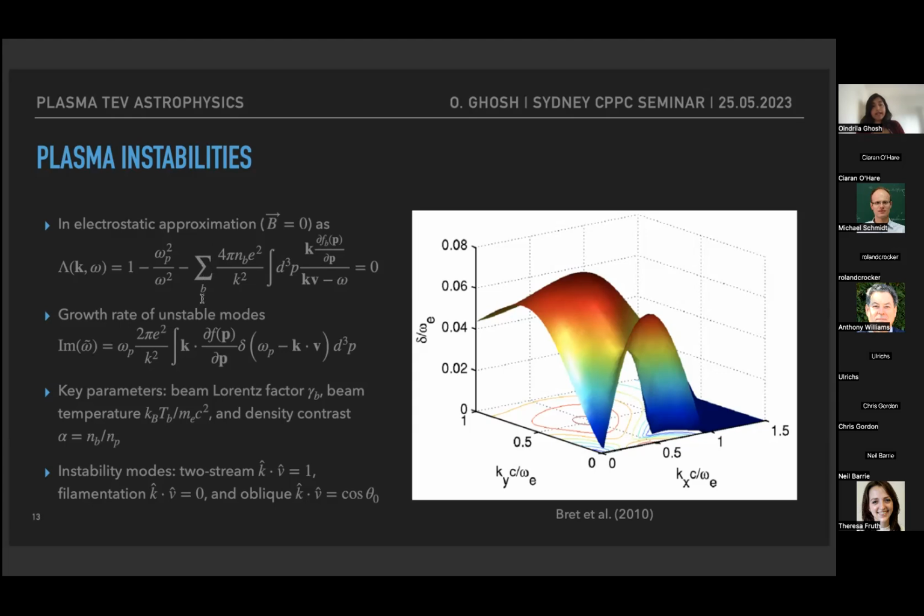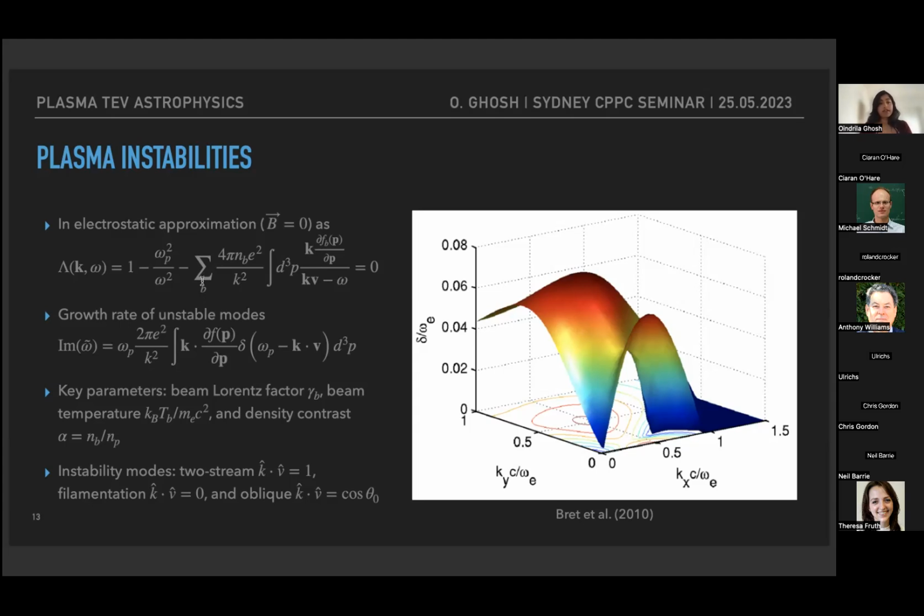So this would have this summation term. This has two different species. We would consider the beam electrons and positrons as one species, and the background plasma as a different species, even though they're both electrons and positrons.